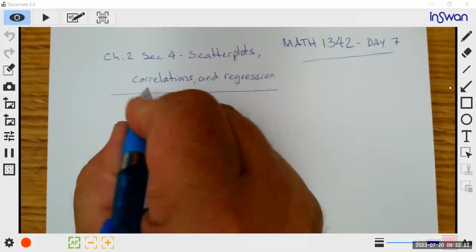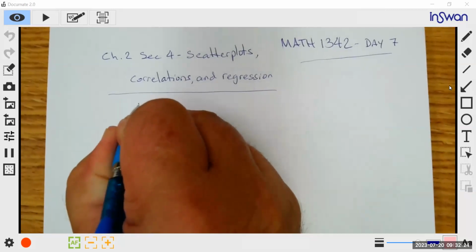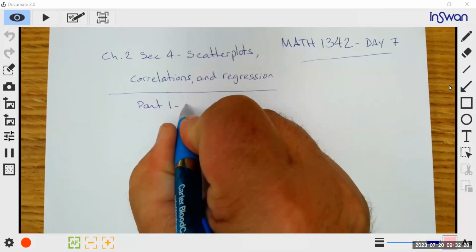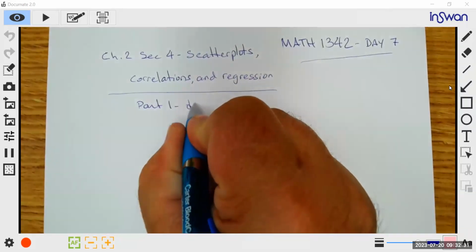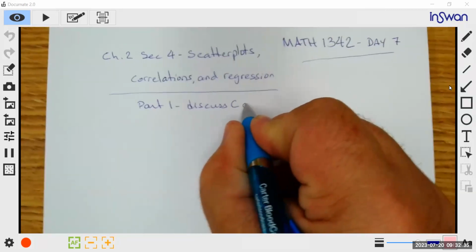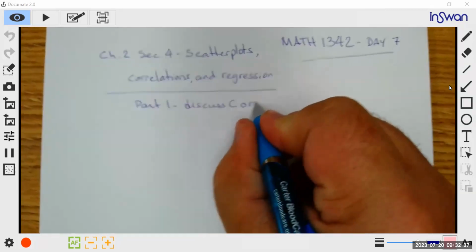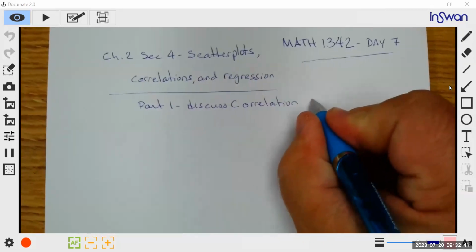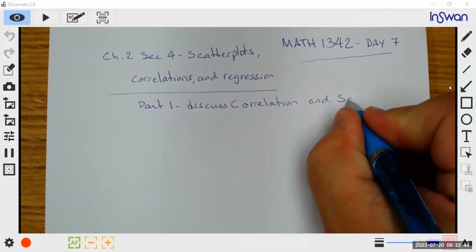This section is divided into 3 parts. Part 1 will discuss correlation and the scatter plot.